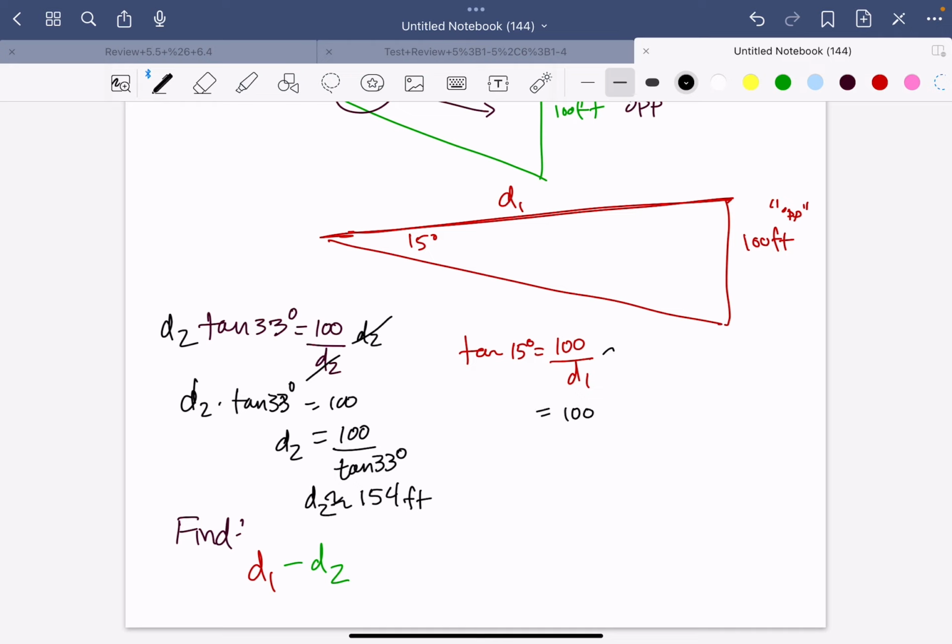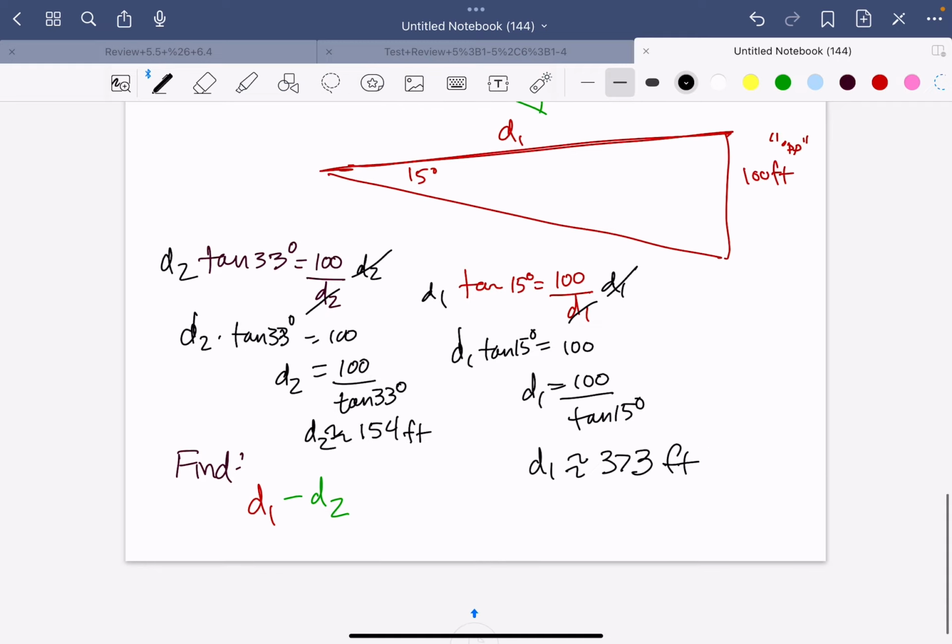Similarly, if I multiply both sides by D1, some stuff cancels out. I get D1 tan 15 is 100. In other words, 100 divided by tan 15 is what D sub 1 is. So if I divide now by the tangent of 15 degrees, I get that D1 is approximately 373 feet.